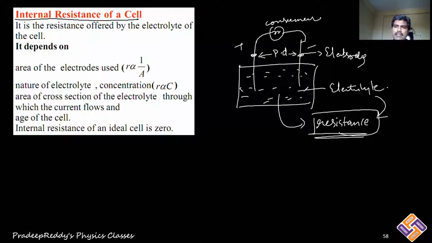That resistance, which depends on the electrolytic solution, offered for the current flowing through the whole circuit is said to be the internal resistance of the cell.